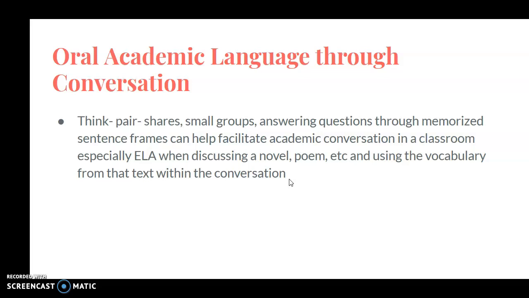And yeah, I think academic language can be used very easily in English language arts, just because there are so many things that you're looking at, such as novels and poems and even films, to facilitate conversation, but using those words that wouldn't be used in everyday conversation with someone outside of a classroom.